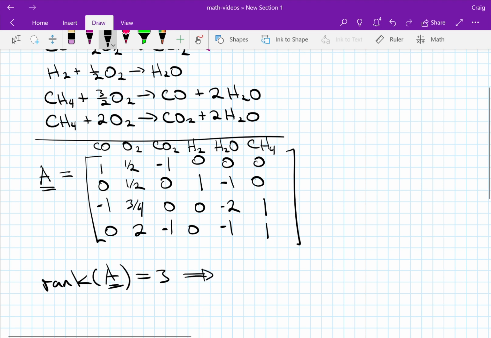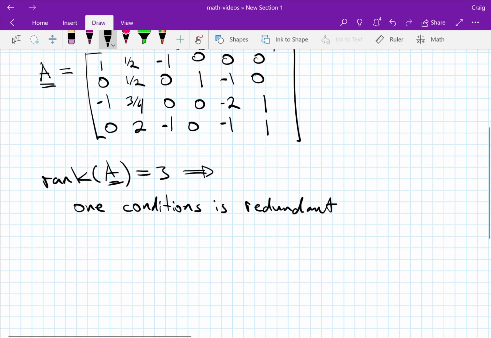This is equivalent to saying that there are only 3 leading ones as opposed to 4 leading ones. This means that one condition is redundant or implied by the other 3.